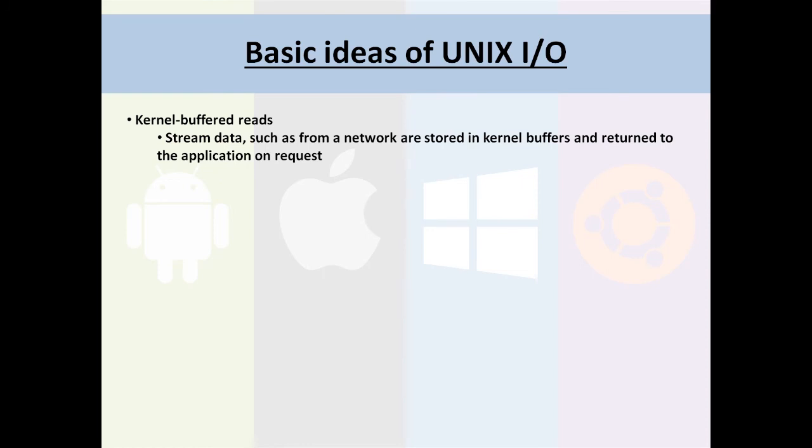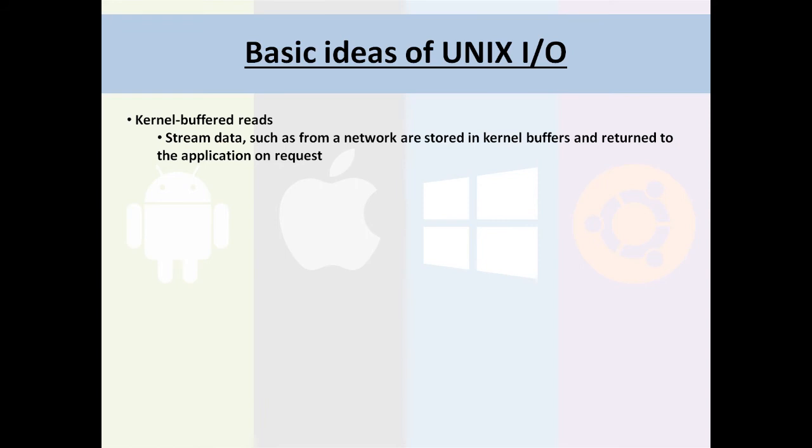And another idea here was that they wanted kernel buffered reads. So stream data such as from like a network are stored in these kernel buffers and are then returned to the application on request.